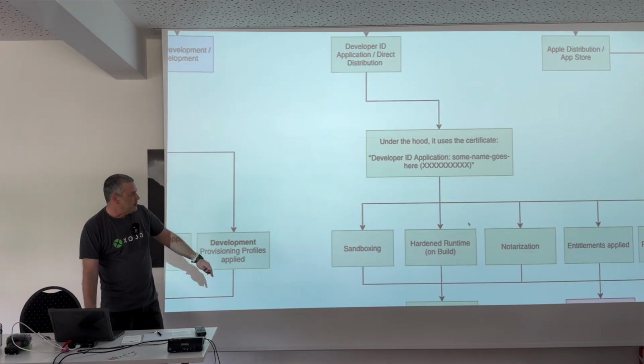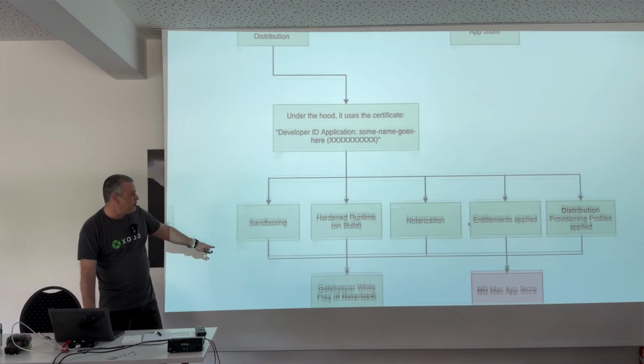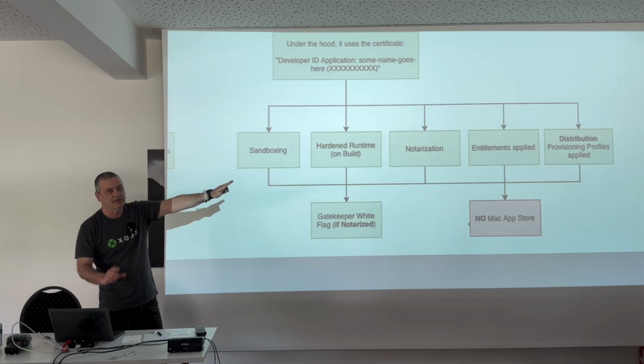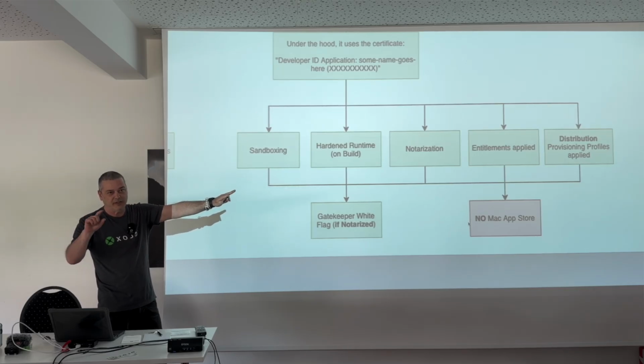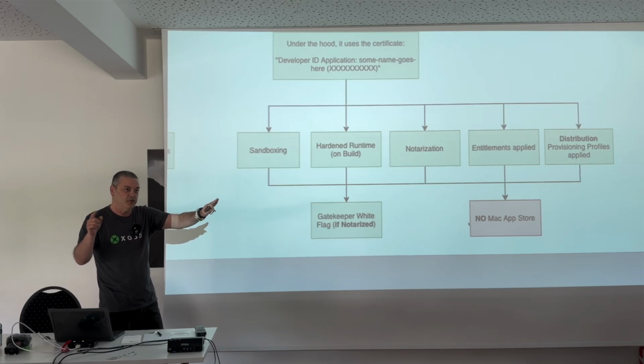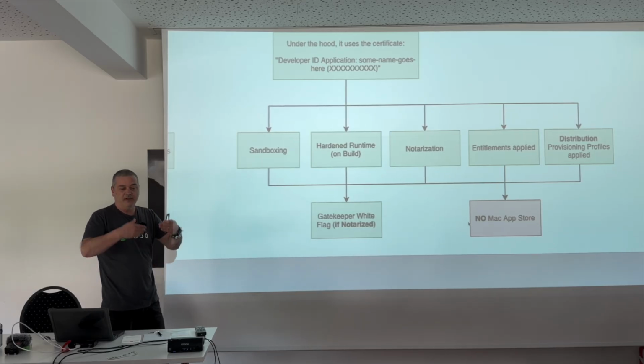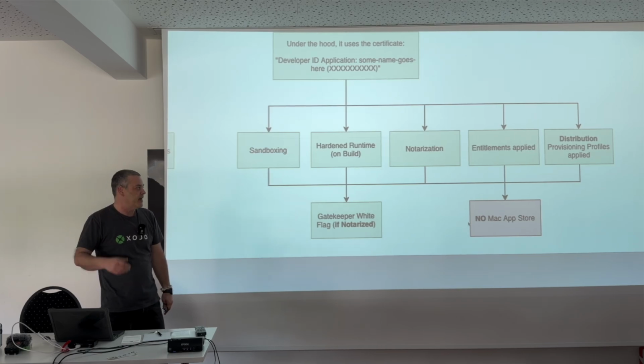In this case, you can apply to the build all the stuff provided by Apple: sandboxing, hardened runtime, notarize your application, and also use entitlements and distribution profile that is not the same that is going to be used when you are developing and debugging your app, even if they are using the same Apple technologies as access to iCloud, Keychain, or in-app purchases, things like that.